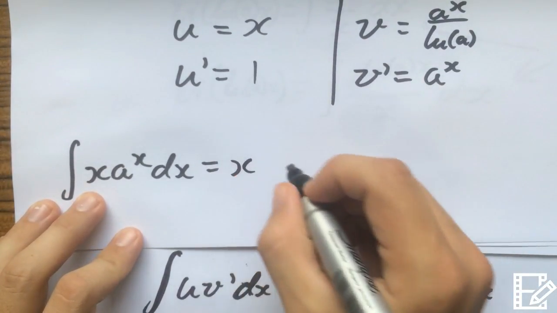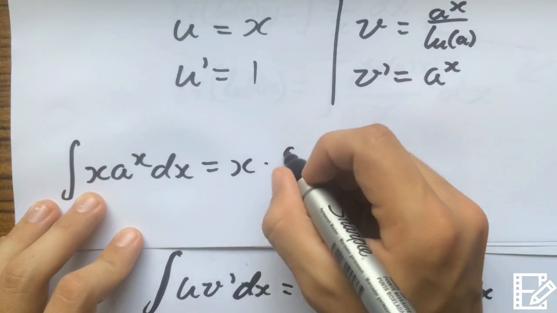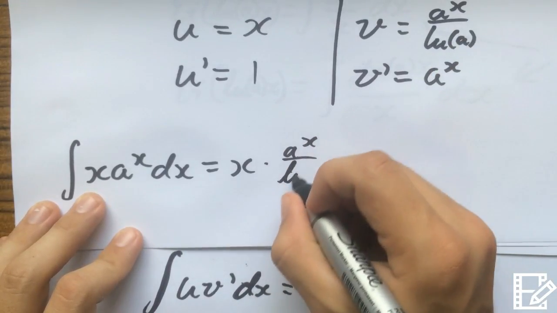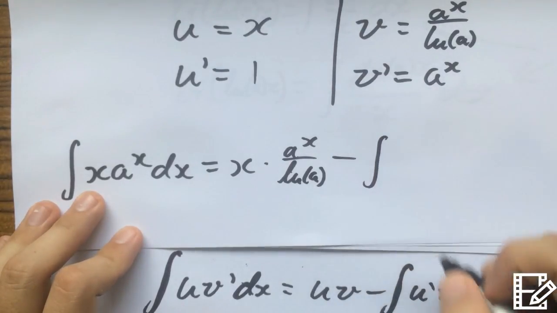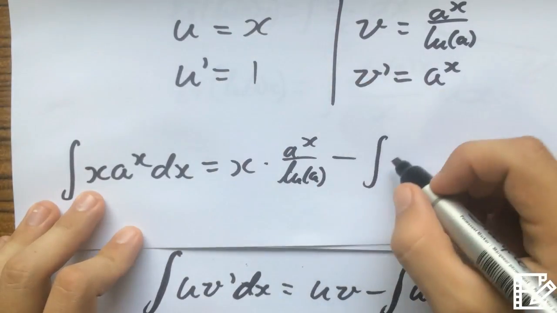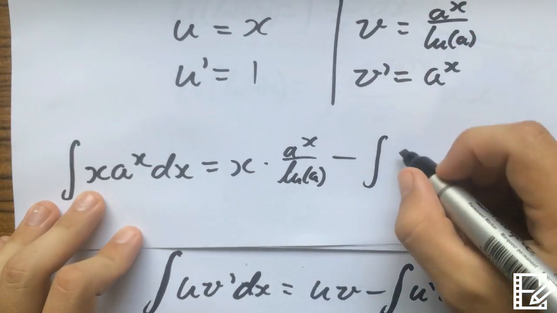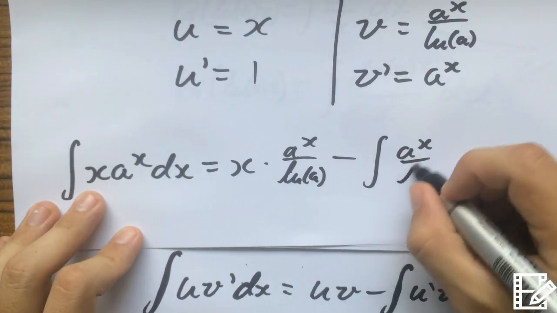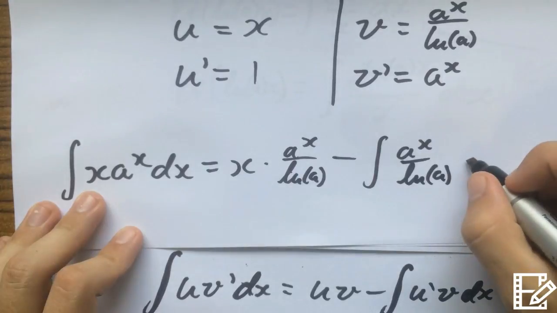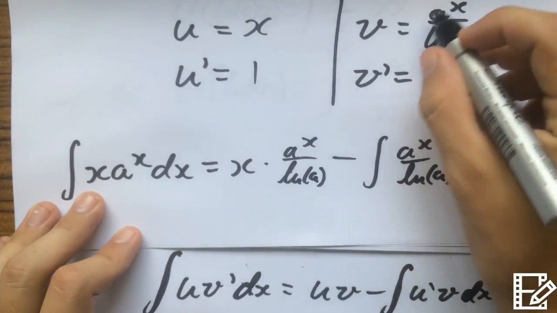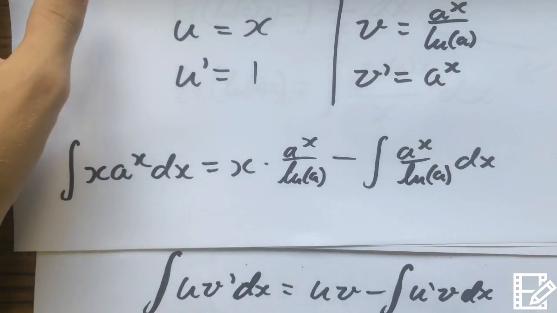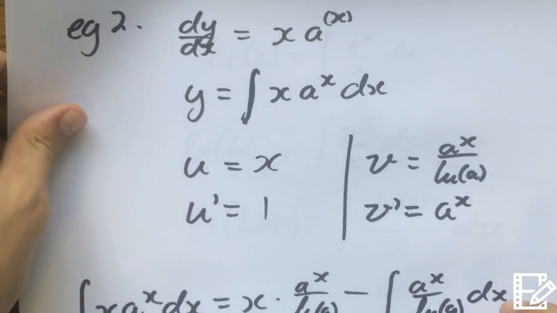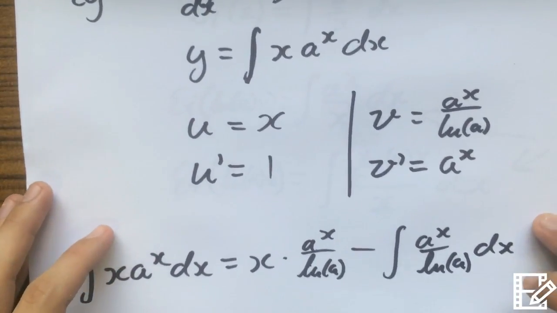U is x, v is a to the x over ln of a. Subtract the integral of u dash multiplied by v. U dash is 1. V is a to the x over ln of a. And the reason I didn't write the 1 in is because there's no point. 1 multiplied by this is this. It's the same thing. Now that we have our formula, we can work to solve.